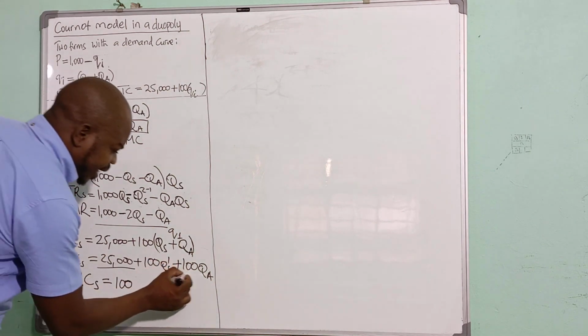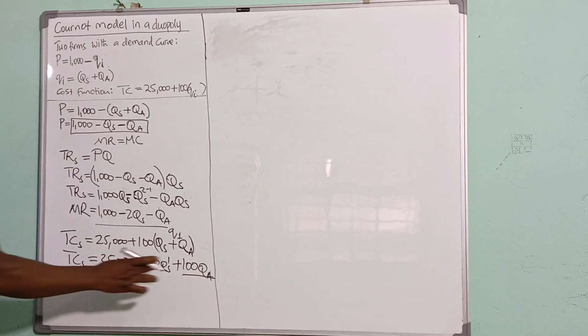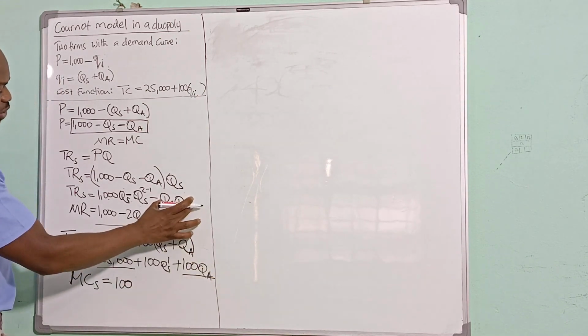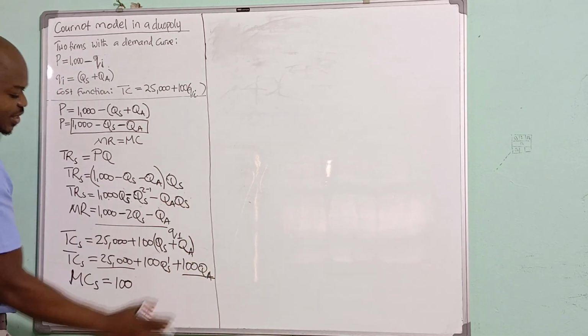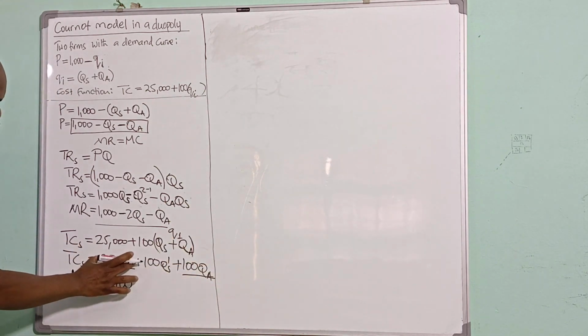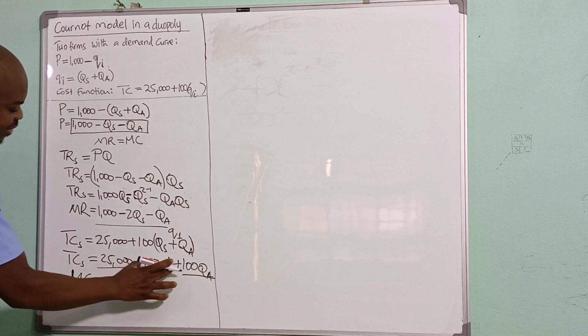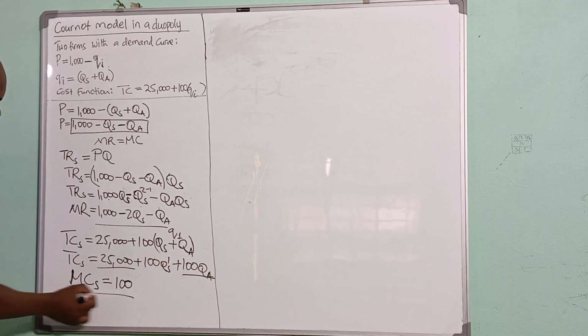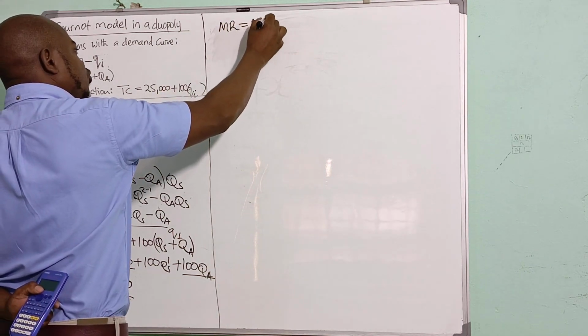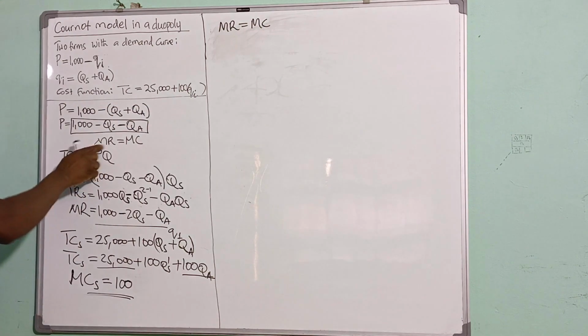So that's my marginal cost. Why am I not derivating this one? Because in this part there is no QS. It's different where we had QA and QS. In this part there was a QS. In this part there is no QS, so I'll leave it out. I just dealt with where there was a QS here, and then that's my marginal cost. And then the setting is that profit is maximized where marginal revenue is equal to marginal cost, as you can see there.